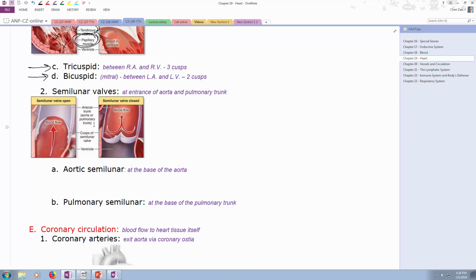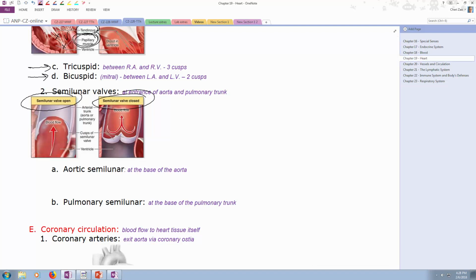So take a look at our picture here. It says semilunar valve open. And the leaflets are up against the inner walls of our pulmonary trunk or aorta. When the semilunar valves are closed, that means the blood's not supposed to flow in the other direction. And so we see here the semilunar valves are closed. And their construction is really cool.